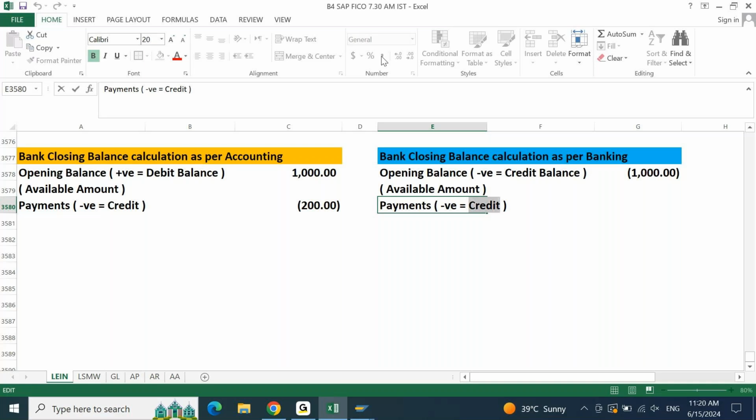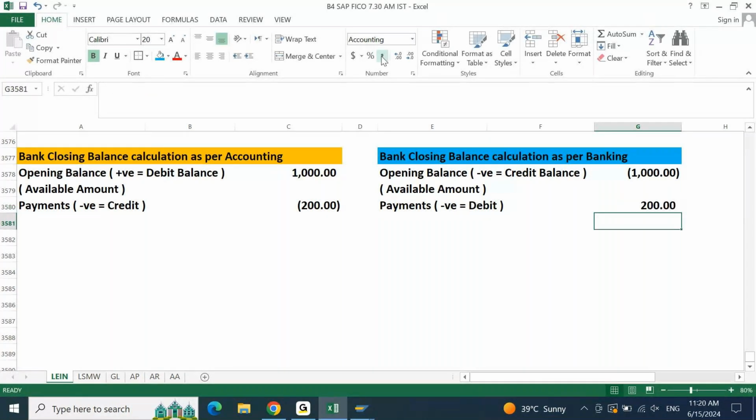Debit means positive, you put 200 here. And if you notice, numbers are remaining the same, the signs are getting changed. Here it is 1000 positive; the same 1000 positive is represented as 1000 negative in your banking. 200 negative is represented as 200 positive here.